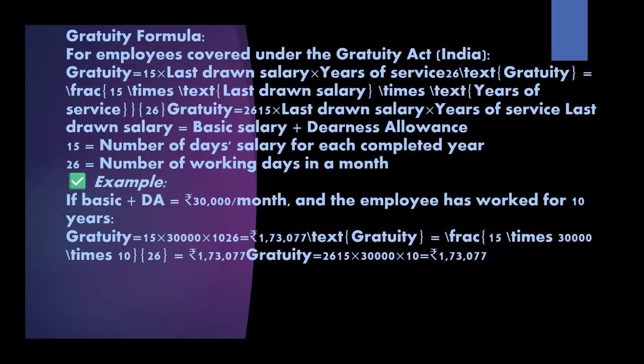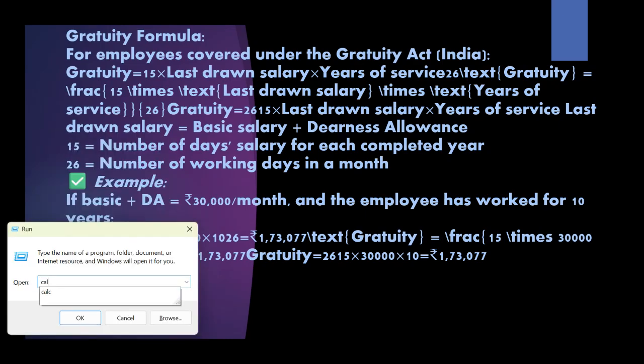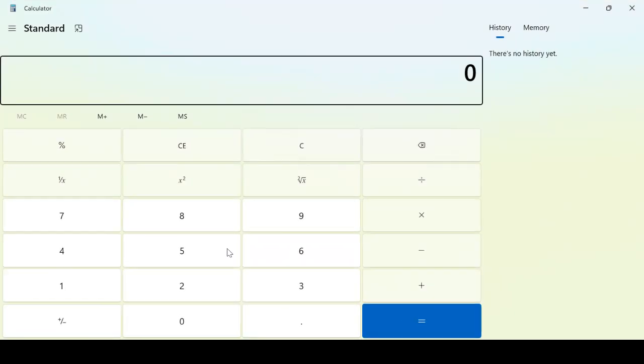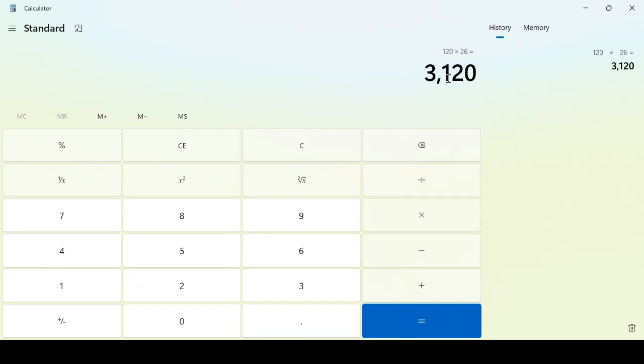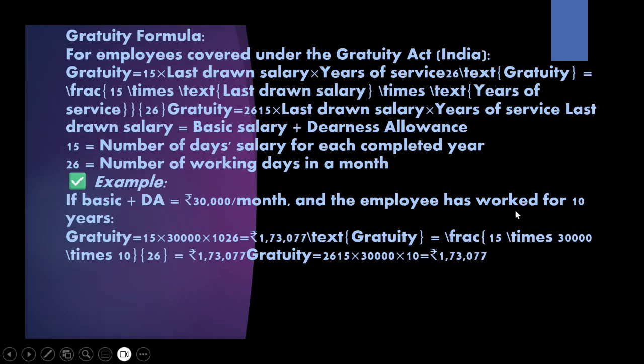See, 10 years means 120 months. 120 into 26. You can do the calculation here. 120 into 26. Just a minute.